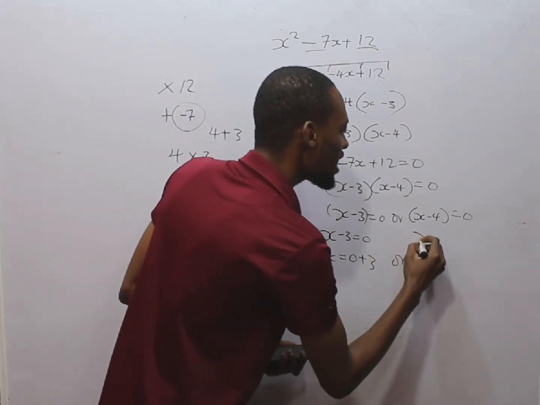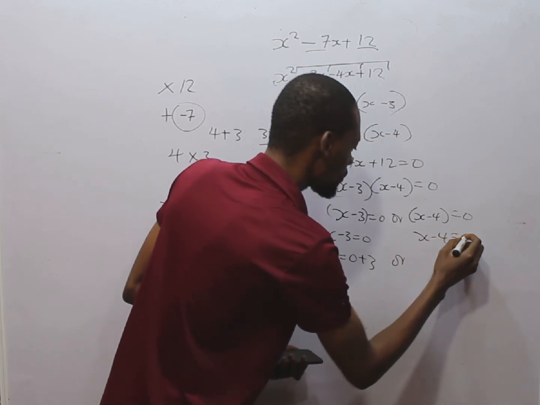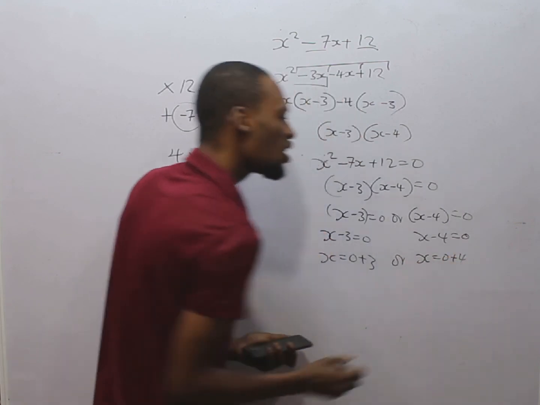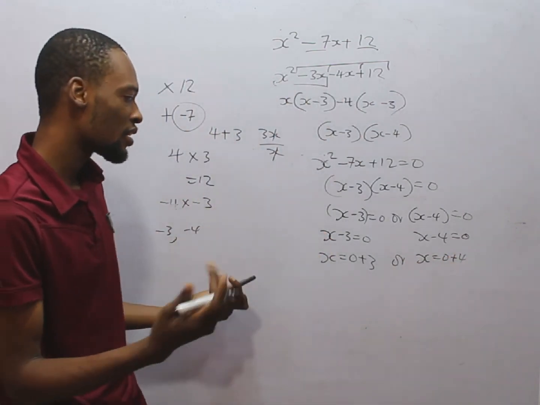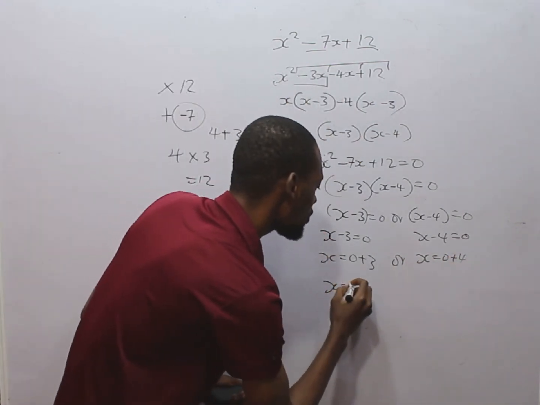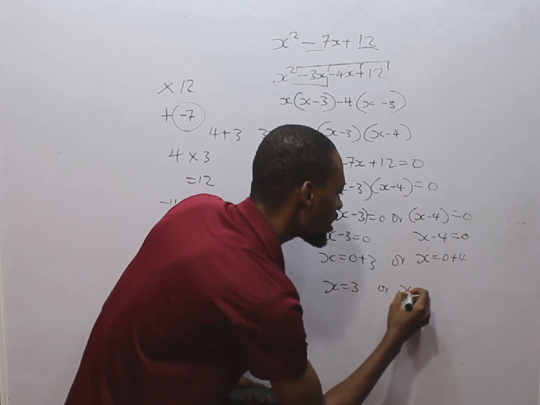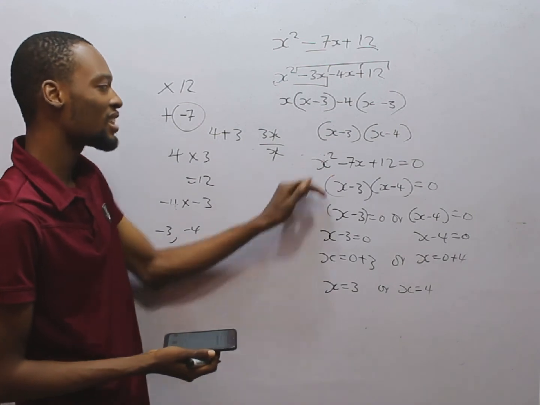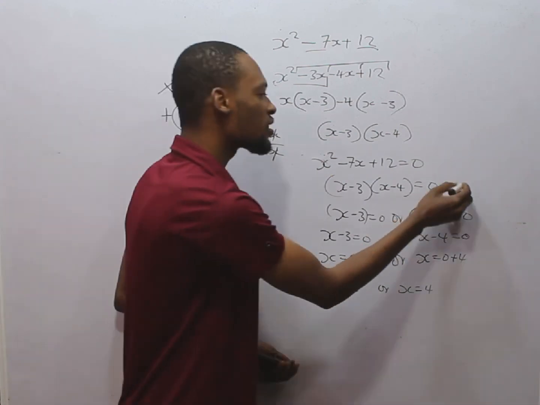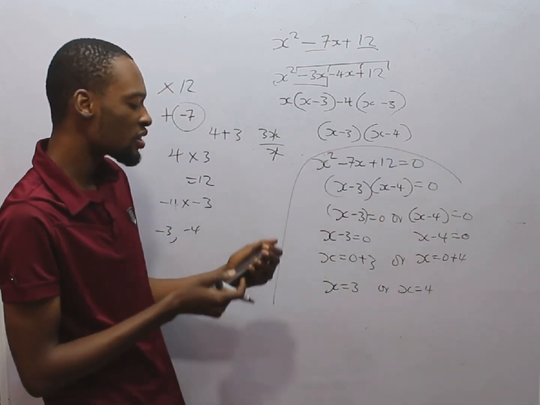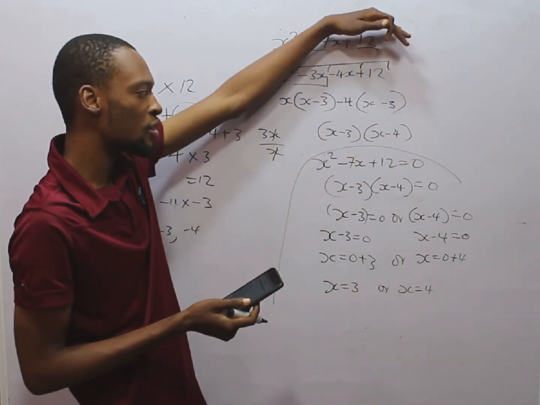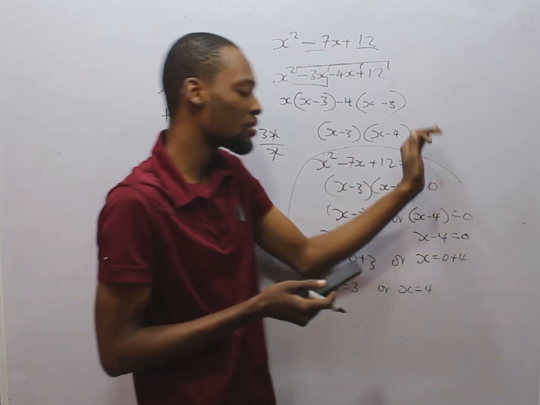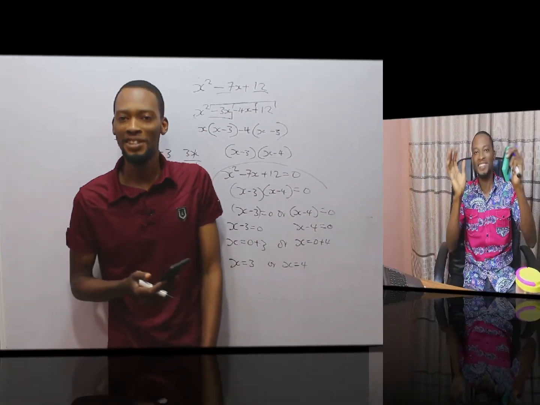Or if s minus 4 is equal to 0, it simply means s is equal to 0 plus 4. So s is equal to 3 or s is equal to 4 are the roots of this quadratic equation. That is, if we are solving the equation. Since we are just factorizing the expression, we simply stop here. s minus 3, s minus 4. That is it for this question.